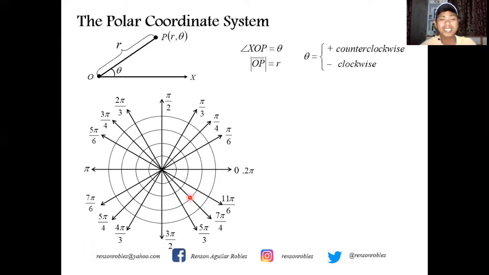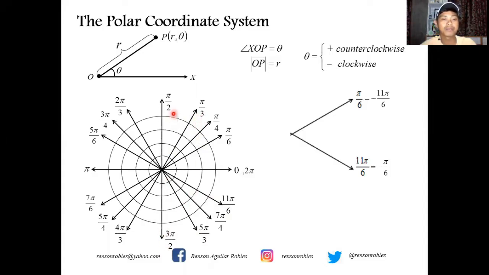Okay? Say we get this pi over 6 and 11 pi over 6 angle. When measured in clockwise direction, this 11 pi over 6 is the same as negative pi over 6. And pi over 6 is your negative 11 pi over 6. So we have, if this pi over 3 is your negative 5 pi over 3, and this 5 pi over 3 is your negative pi over 3.